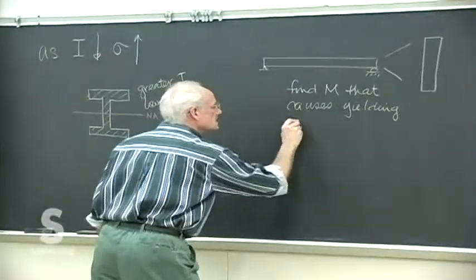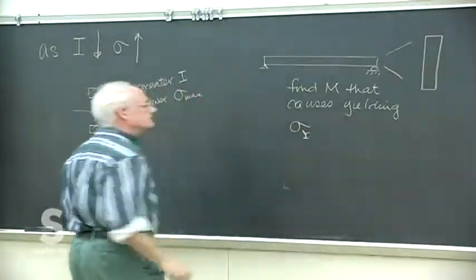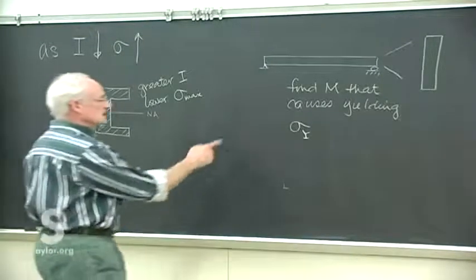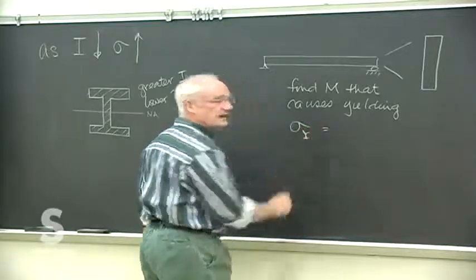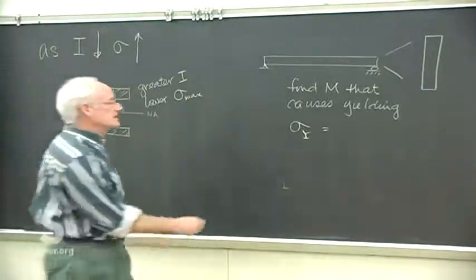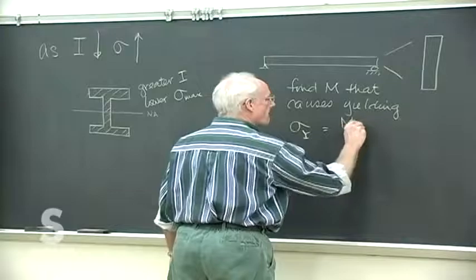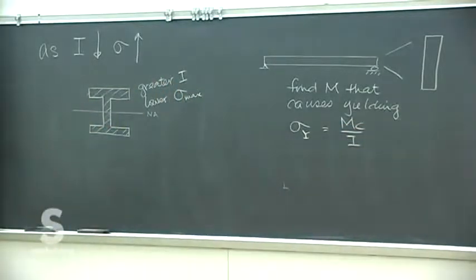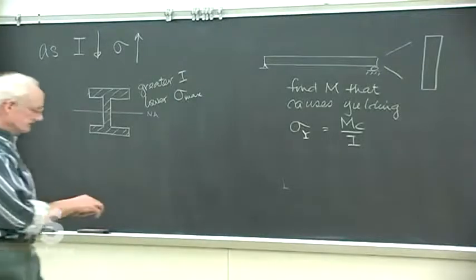In other words, the design normal stress we're looking for is the yield stress. That's the type of thing that's in the back of the book for different materials. And we want to find what moment keeps us at or under that yield stress.